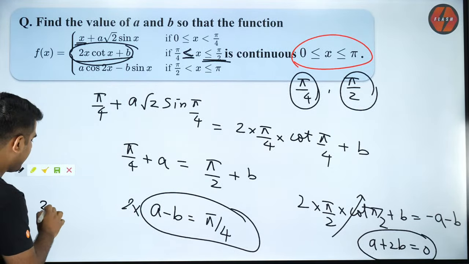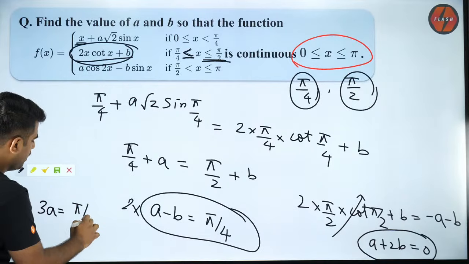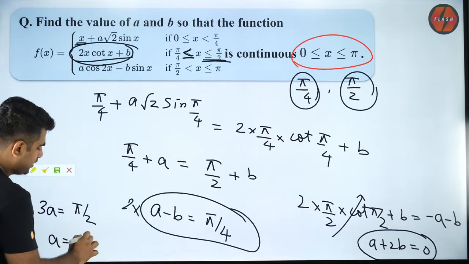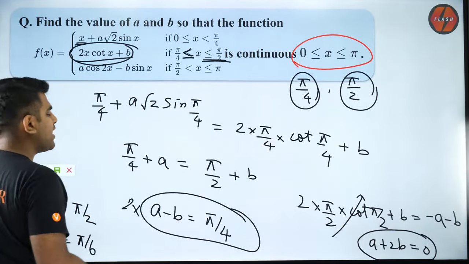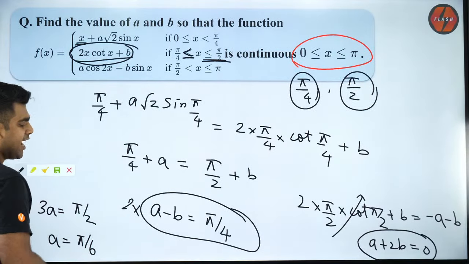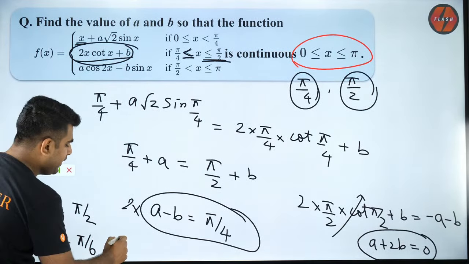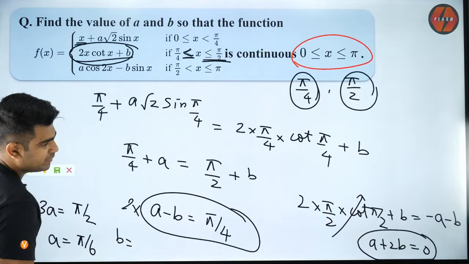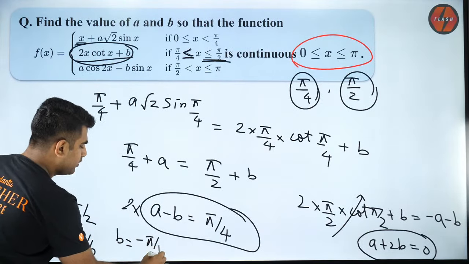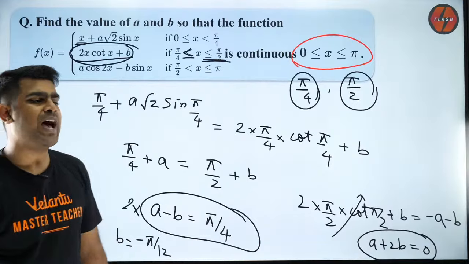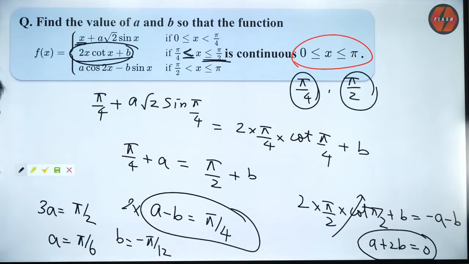I will get 3a is equal to pi by 2, so a is equal to pi by 6. If a is pi by 6, my b will be minus pi by 12. So those are the values of your a and b. Did everybody understand that? Why were you guys not able to do it? This is a serious question. You guys have to be able to do it.